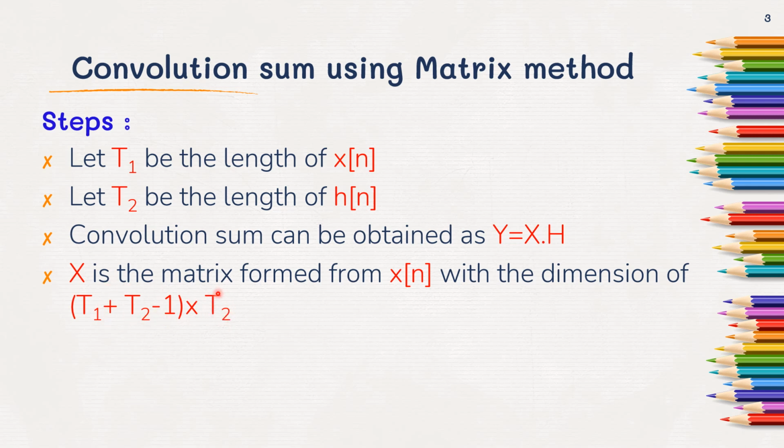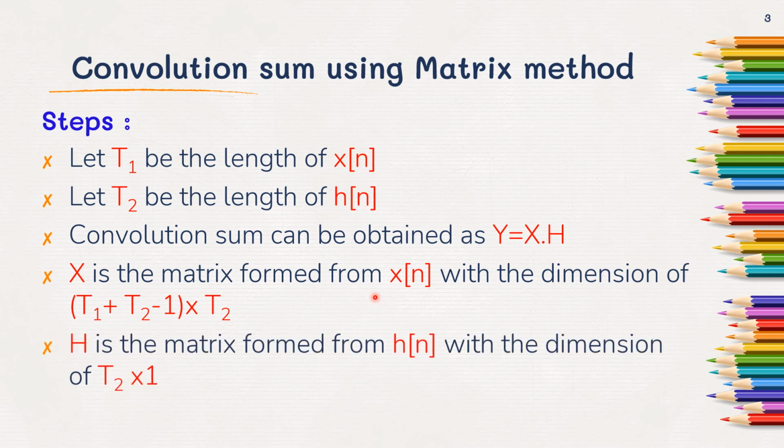The rows are going to be t1 plus t2 minus 1 and the columns are going to be t2. And h is the matrix formed from h of n with the dimension of t2 cross 1, where t2 is the number of rows and the number of columns is going to be one column.